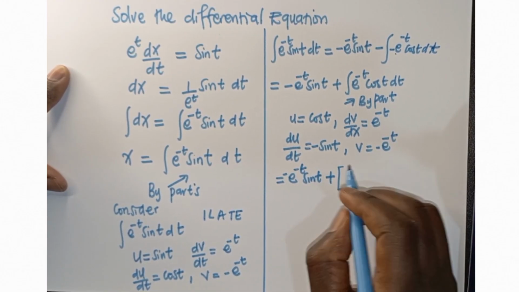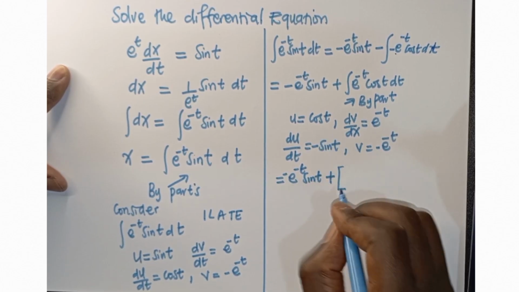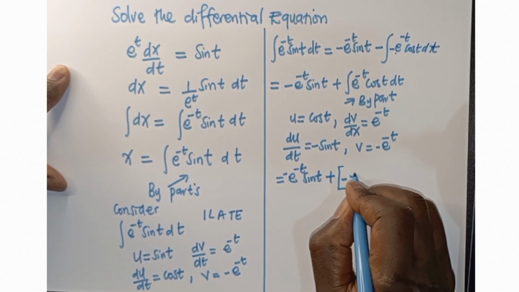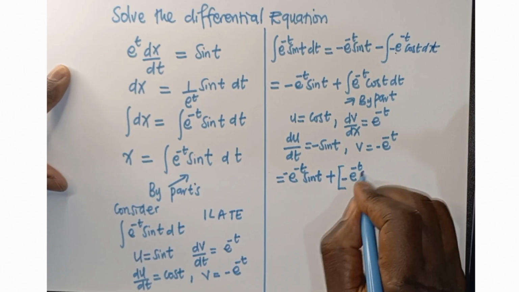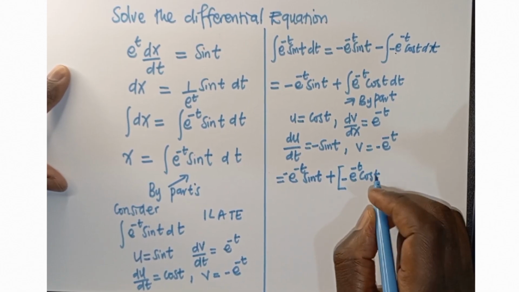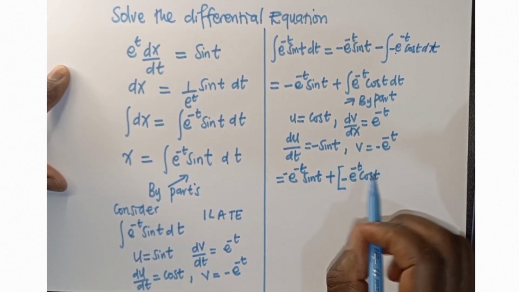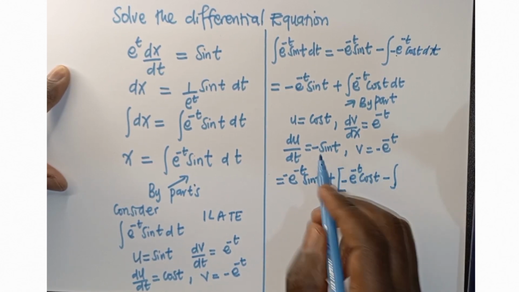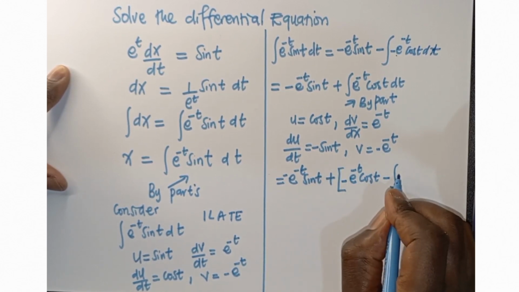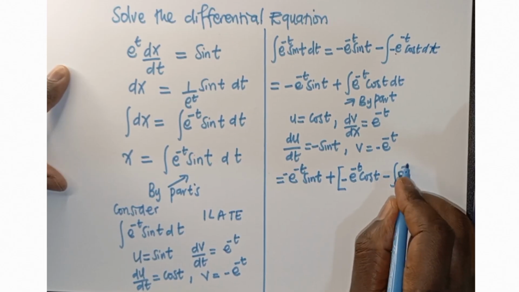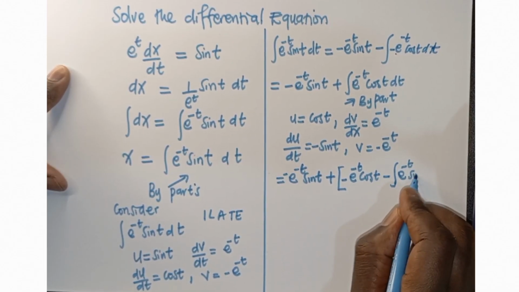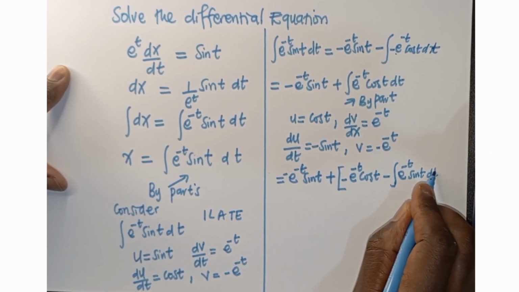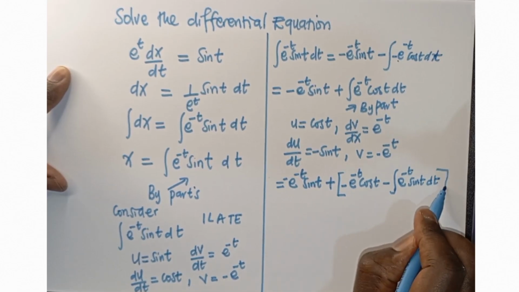So remember, we have a plus there, so here we are substituting in. So we have negative e to the negative t cos t, then minus, we put there the negative, and negative gives us a positive. So we have e to the negative t sin t dt.